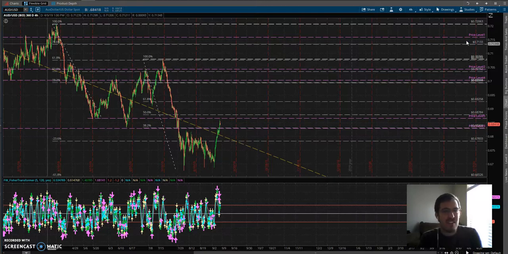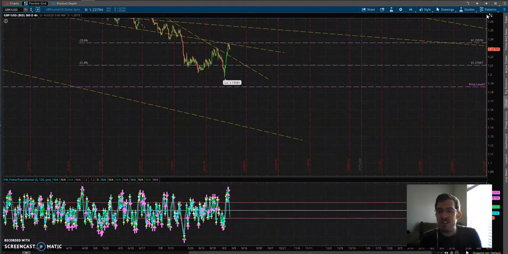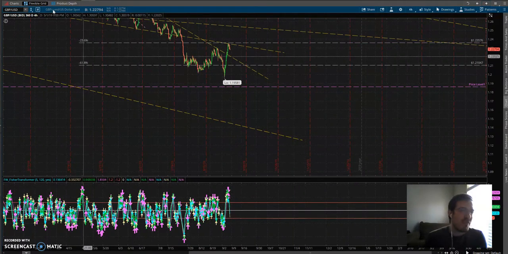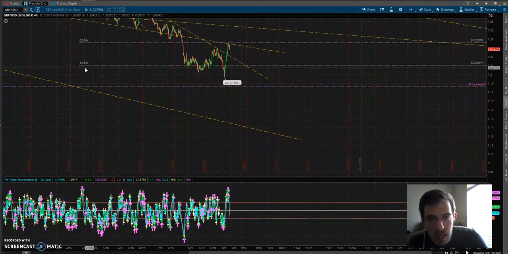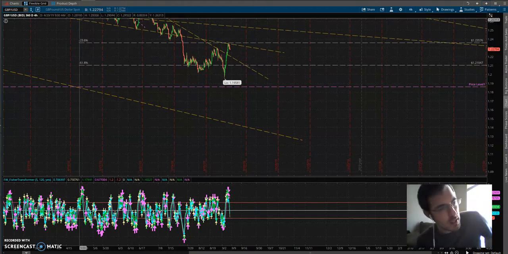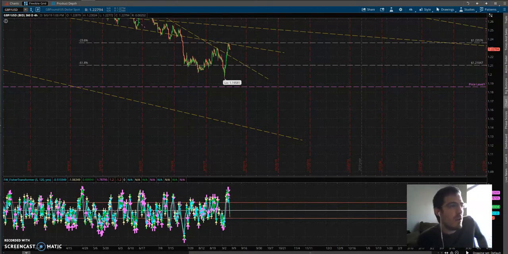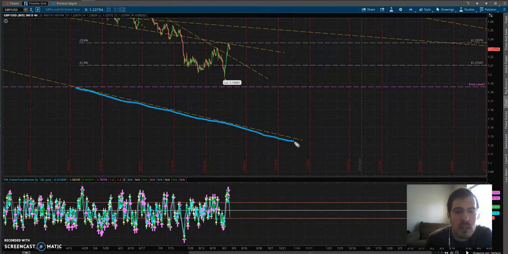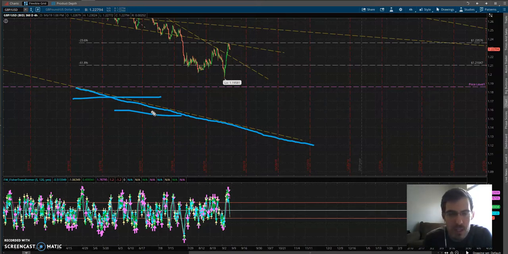So we'll move on to the GBP USD. Again, I'm a little bit more bearish on this pair for this week. So we have a longer term trend line, as you can see down here. I haven't really marked up any support or resistance levels in this region, but I'm sure there are on the higher time frame, maybe on the weekly.